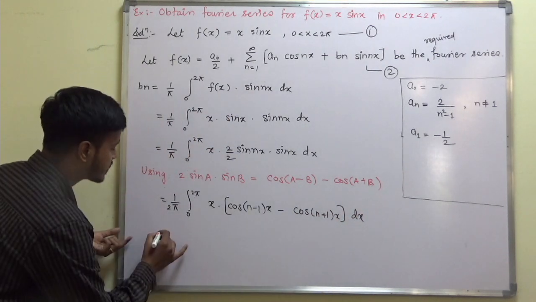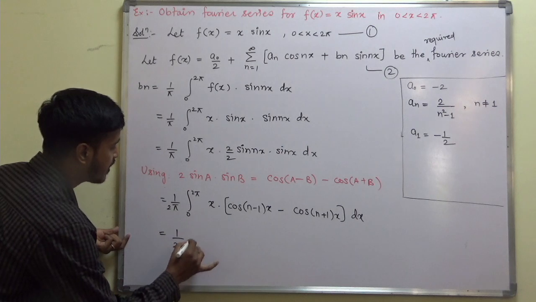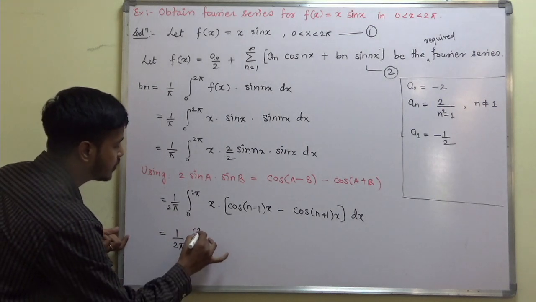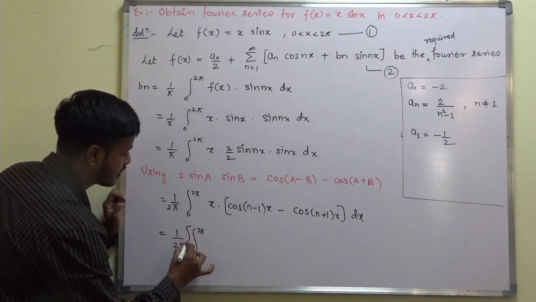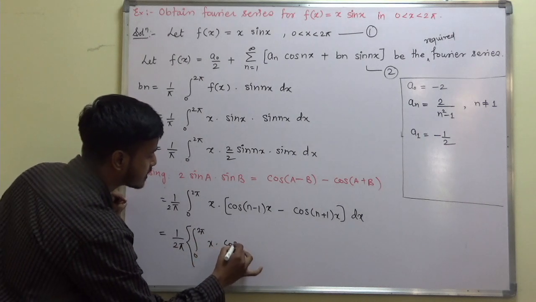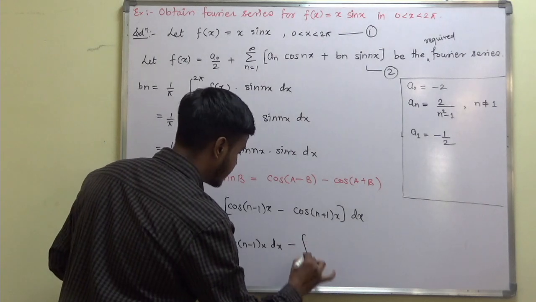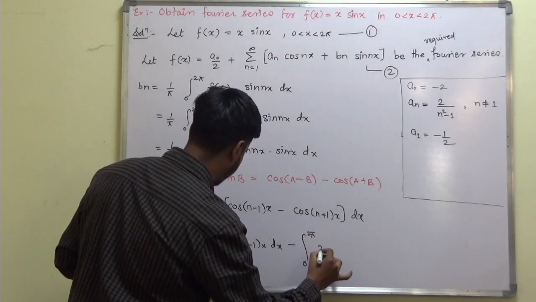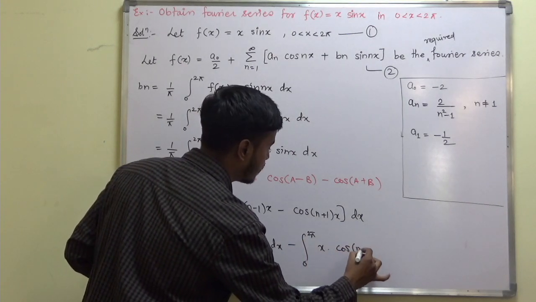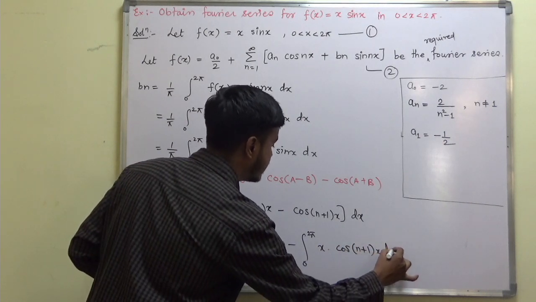Okay, now you just solve this. So this is 1 upon 2 pi integration 0 to 2 pi x into cos n minus 1 x dx minus integration 0 to 2 pi x into cos n plus 1 x dx.